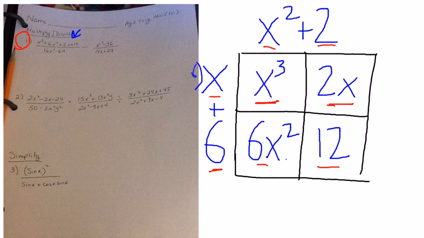So let me go ahead and write that down over here. We've got x squared plus 2 times x plus 6.